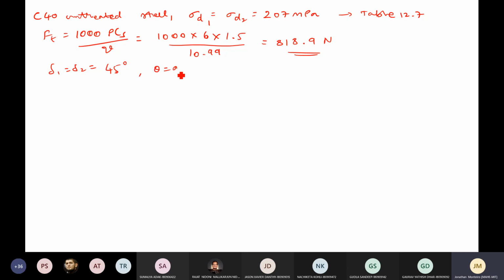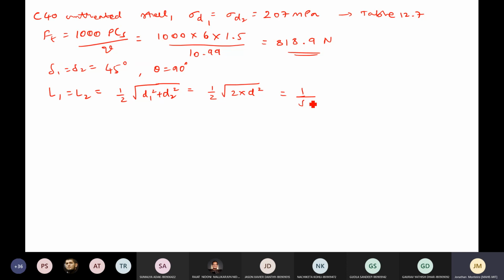Theta is 90, both are identical with a 1:1 ratio. So you can say that the lengths, L1 and L2, are also identical. So that is half root of d1 square plus d2 square. Since both are equal, half into root of 2 d square, that is d by root 2.